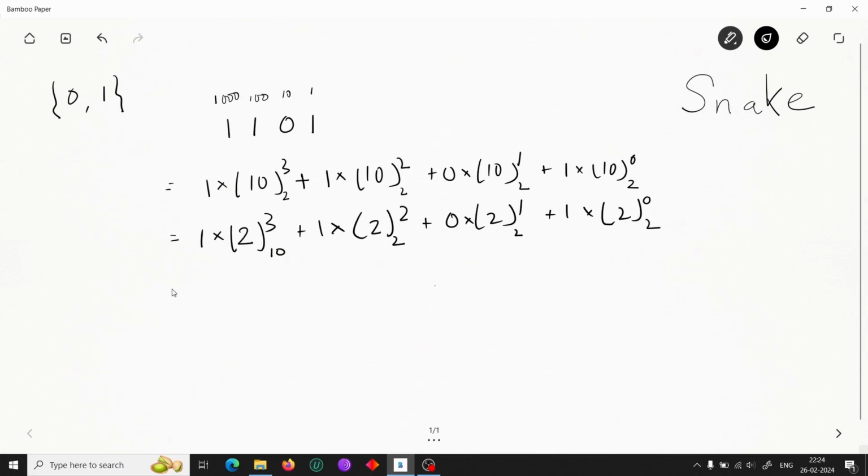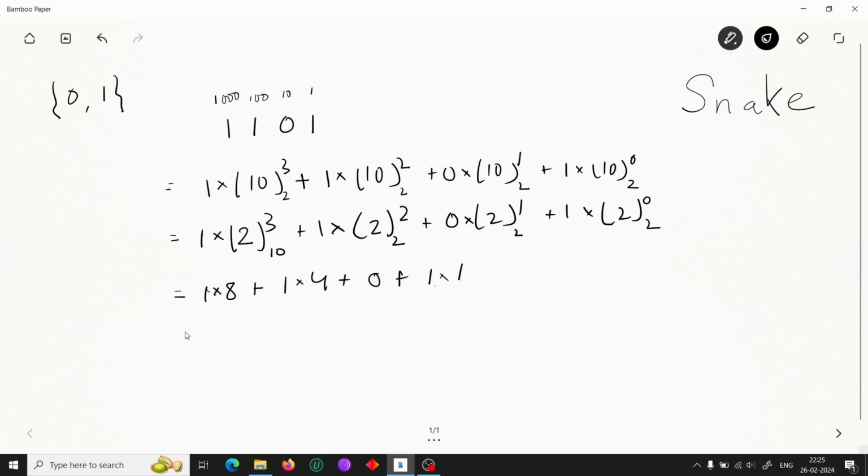See, and all we have to do is just calculate. 2 cubed is 8, so 1 times 8, plus 1 times 4, plus 0 times 2 would be 0, and then finally it would simply be 1 times 1, 1.